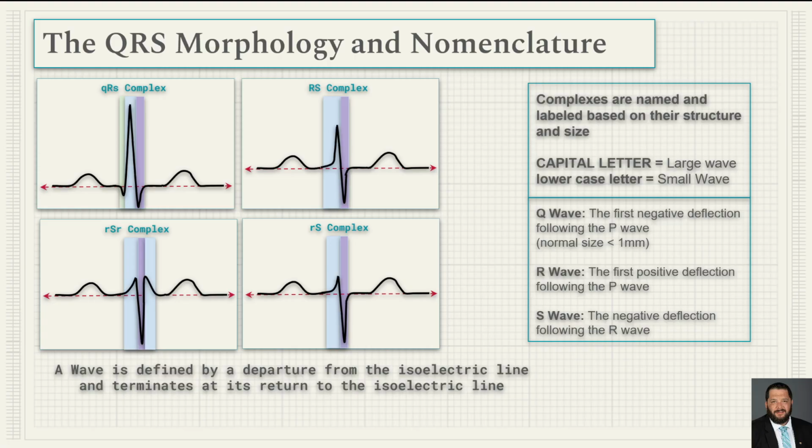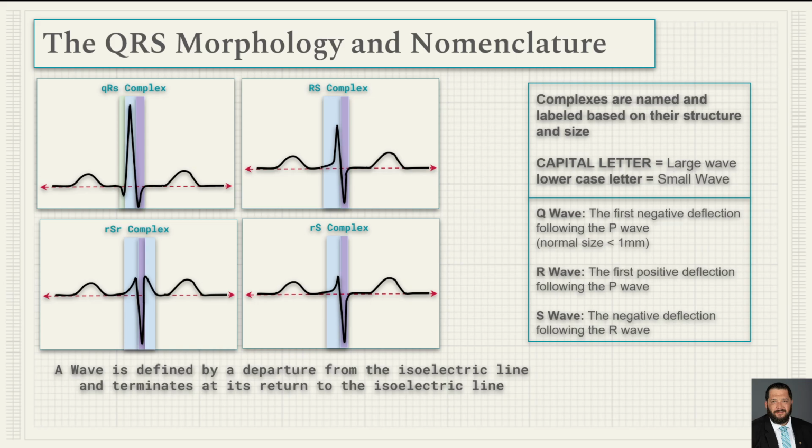It then continues down to a negative deflection, the purple shaded box. That is the start of the S wave, and the S wave concludes when it returns back to the isoelectric line. This complex is noted as an uppercase R, uppercase S complex, or an RS complex.